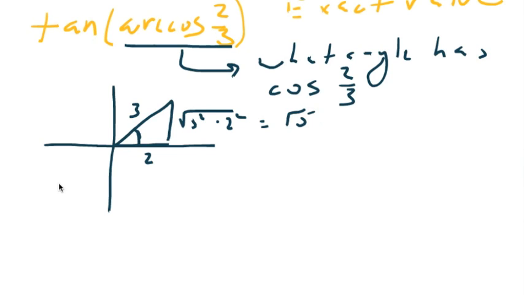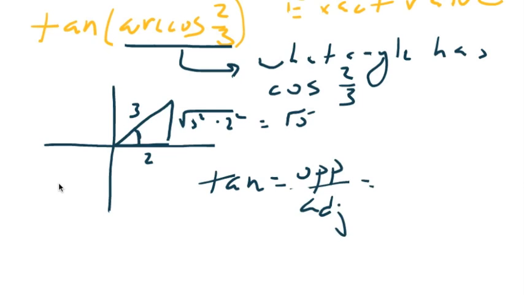Now we can find the tangent of this angle, because this angle has an opposite side of square root of 5, an adjacent side of 2, and since tangent is opposite over adjacent, the tangent is square root of 5 over 2. And that's the exact value for the tangent of the arc cosine of 2/3.